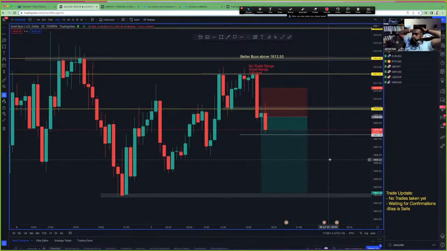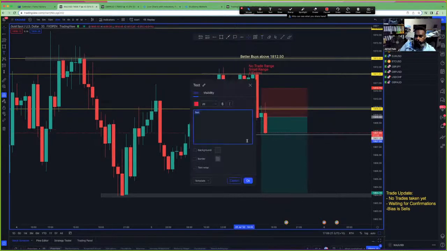Should push down a little bit more. Missed. This is TP1. This will be labeled as TP1. There we go.